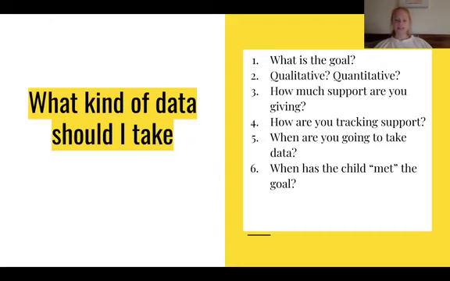Number 5, when are you going to take data? Sometimes this is going to be written into the goal, like during breakfast time, during dramatic play. But a lot of the time, when actually working in the schools or in a clinic, you aren't going to have that set, like during breakfast time over a 15-minute period, you're going to do this. So you just need to think, okay, does this kid need to warm up first?